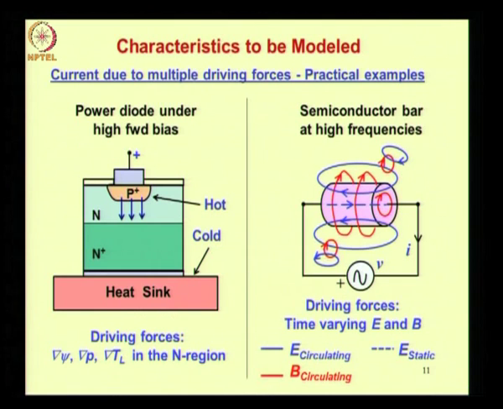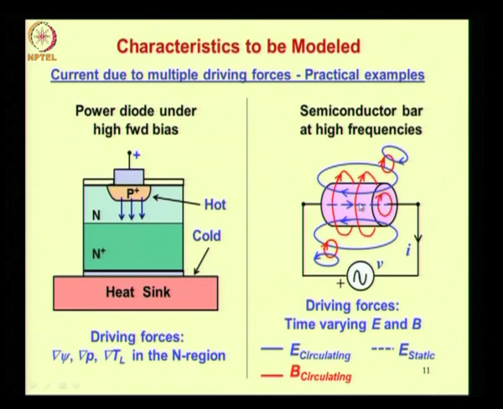So let us look at this slide here. A number of arrows are shown. The dashed arrow here shows the electric field because of charges. So at an instant when the left end is positive, as shown by the positive sign here, you will have an electric field because of static charges from left to right.